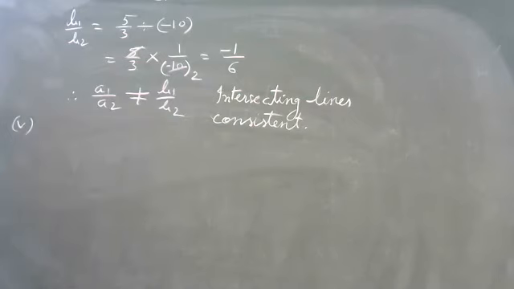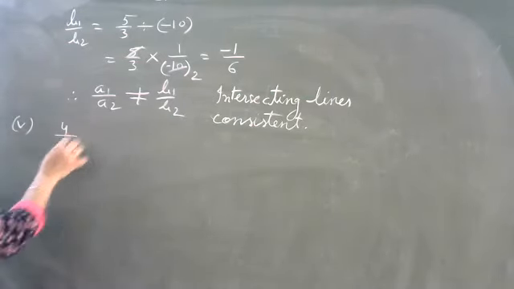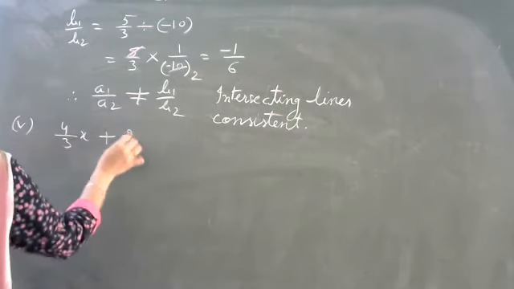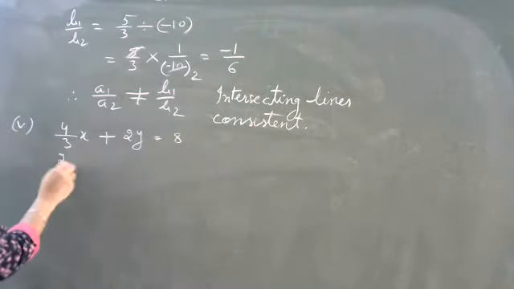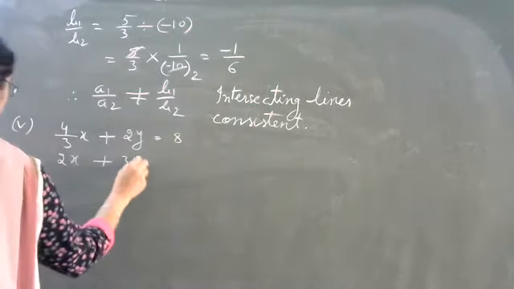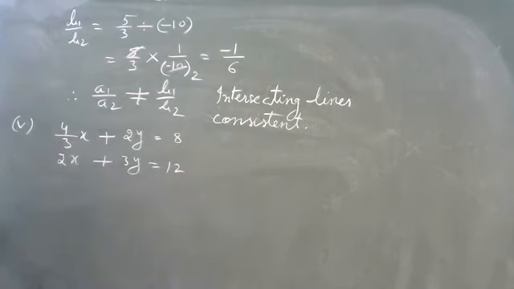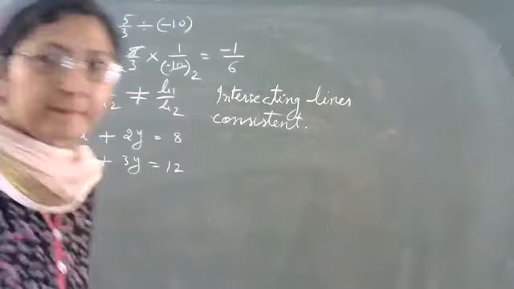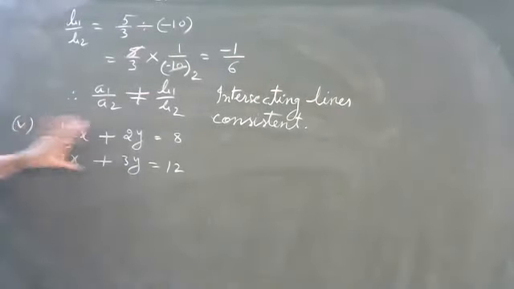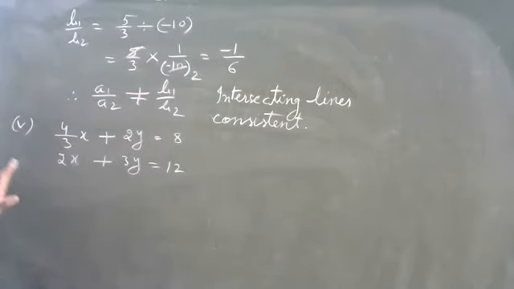Fifth part: here 4/3x plus 2y is equal to 8, and the second equation is 2x plus 3y is equal to 12. These two equations are given. You have to find whether the solution is consistent or inconsistent.